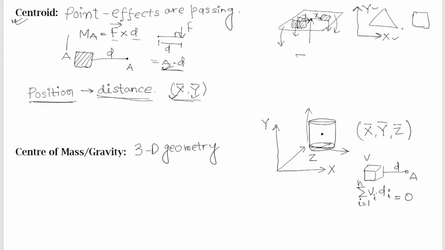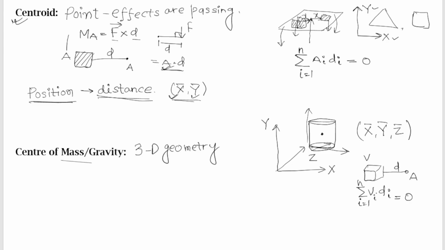Here I can write the summation of all the areas Ai and all the distances di, for i equal to 1 to n, about the centroid is going to be 0.